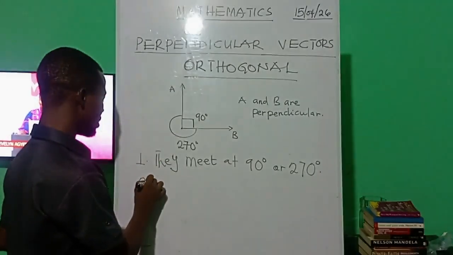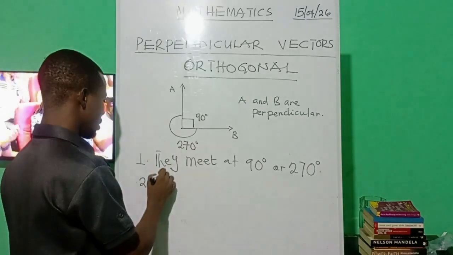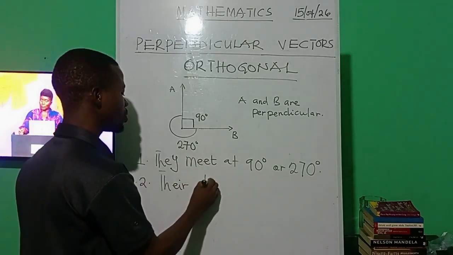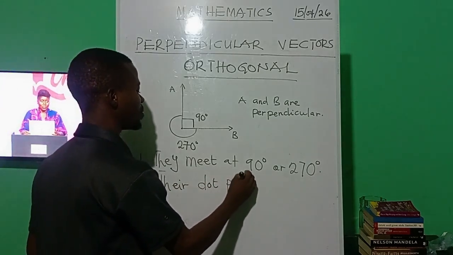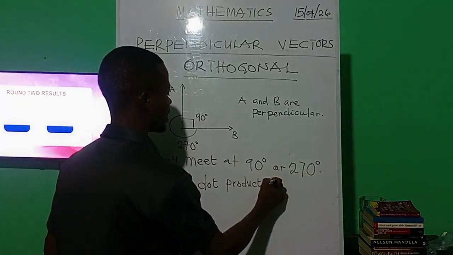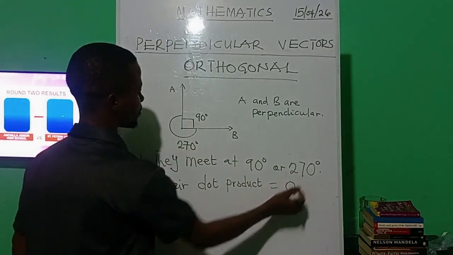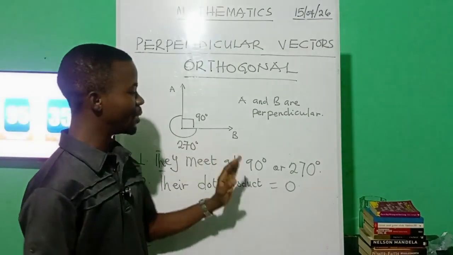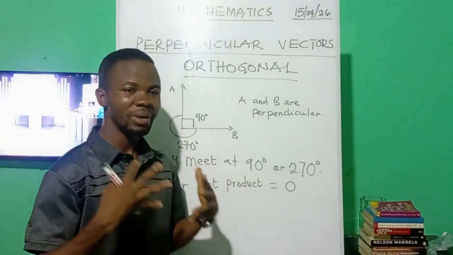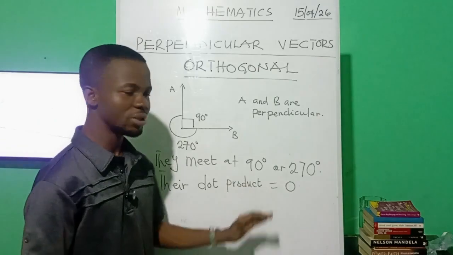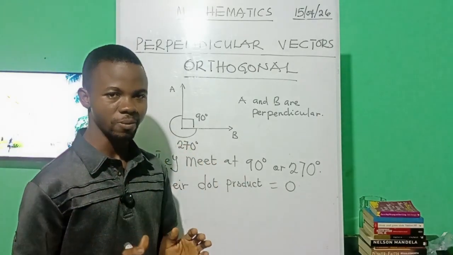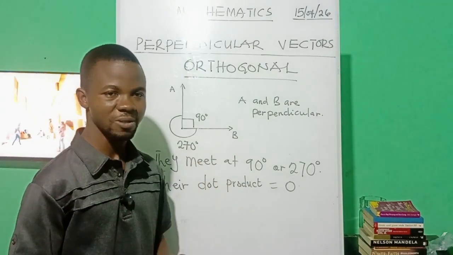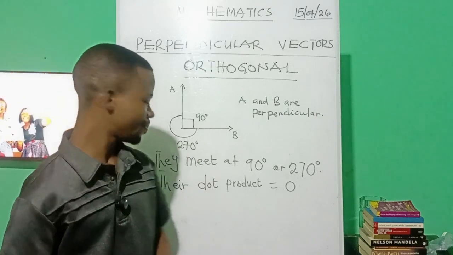The second thing is that their dot product is equal to 0. We did multiplication of vectors. For perpendicular vectors, whenever you multiply the two vectors using the dot product, you always get 0.